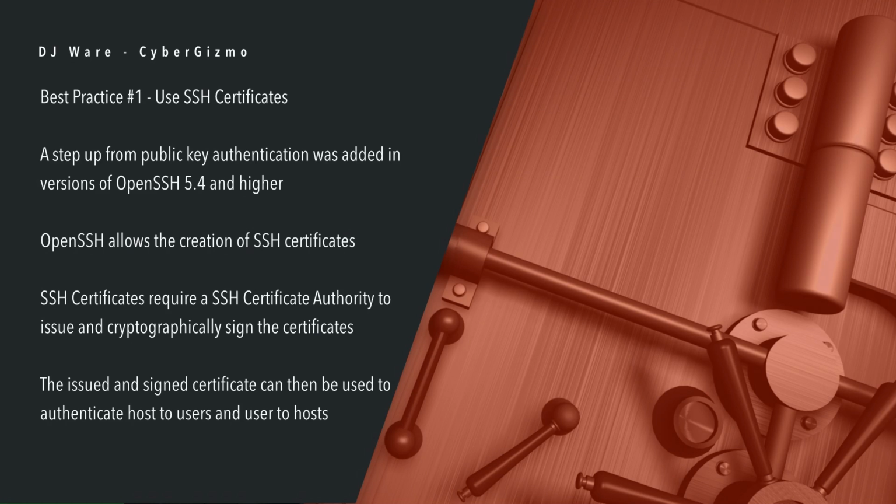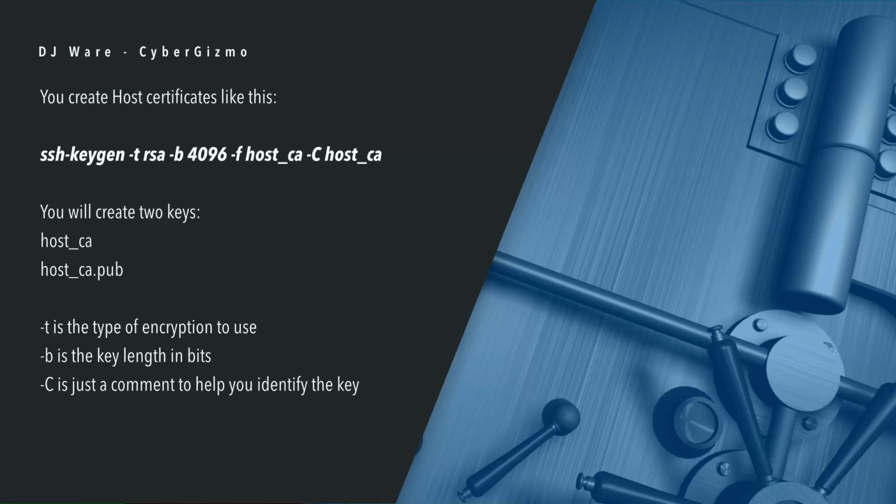The issued and signed certificates can then be used to authenticate the host to the users, because remember, there's a two-way pipe here. You have to authenticate the host to the users, and then you have to authenticate the users to the host. That's the way SSH works. So yeah, that facilitates both mechanisms.